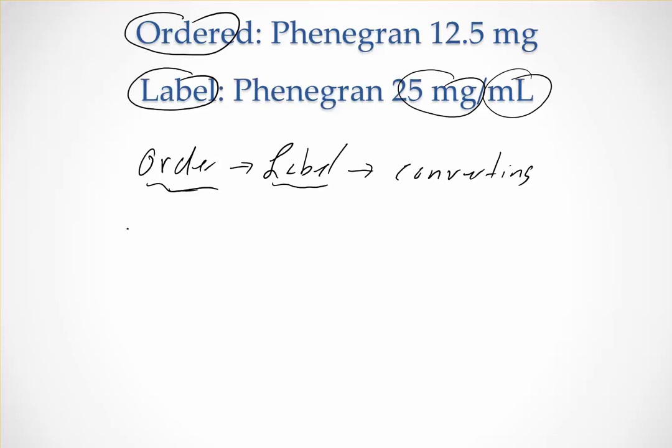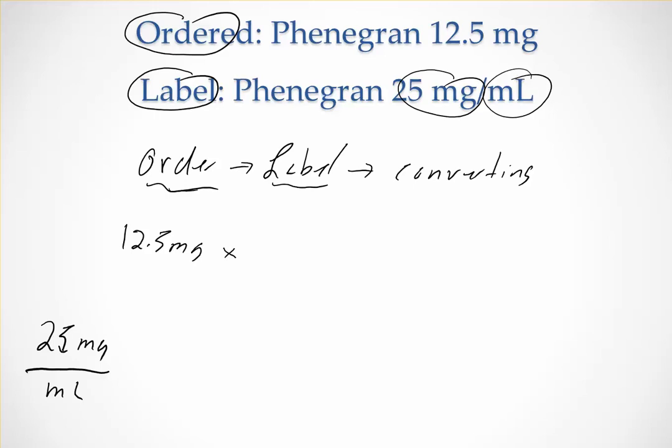So if we start with the order in this example, it's 12.5 milligrams, and we're going to multiply it by the label. Now recognize this label is actually 25 milligrams per milliliter. So we do want to be a little careful when setting up our conversion.